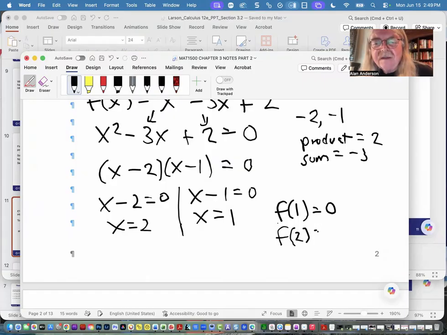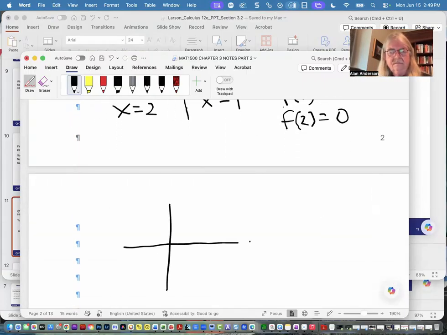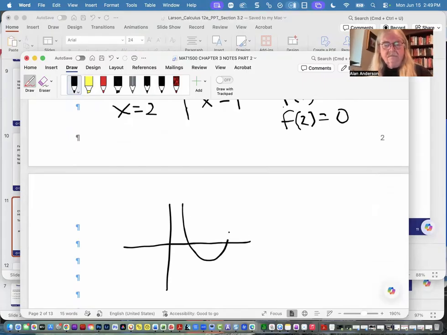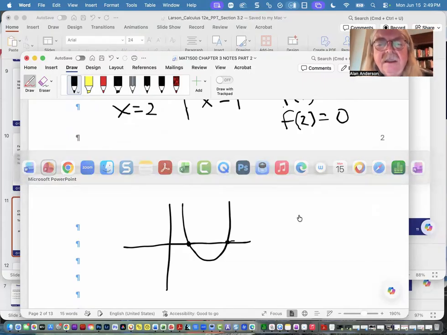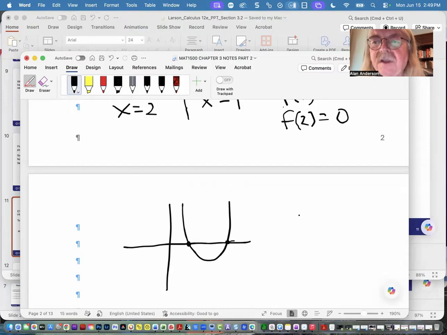That means Rolle's theorem applies to the function over this interval. And we're now guaranteed that there's a point in there somewhere where the tangent line is horizontal, which means that f prime of c is 0.